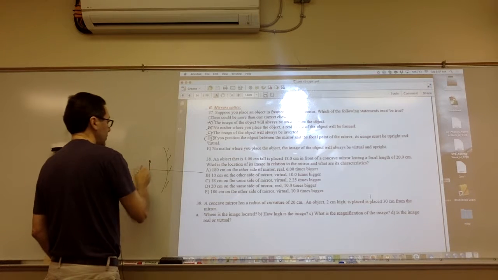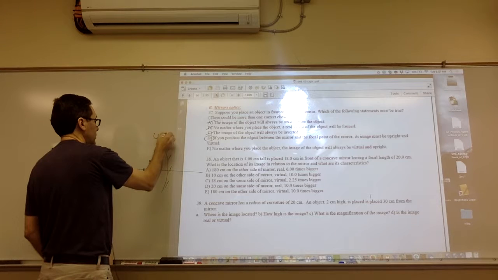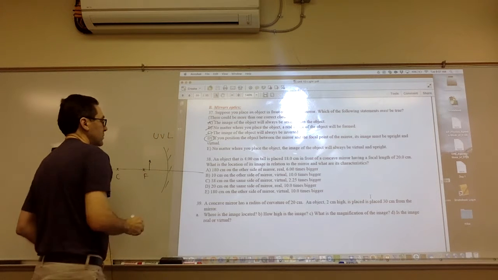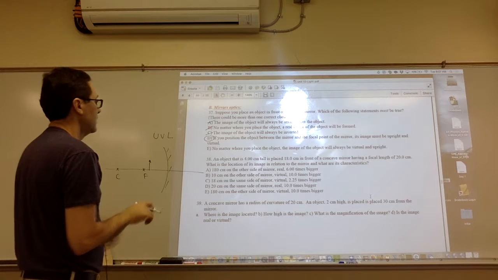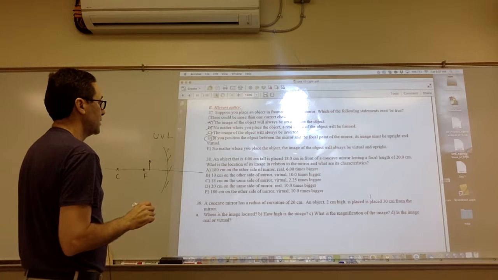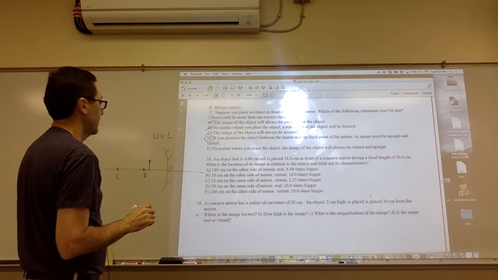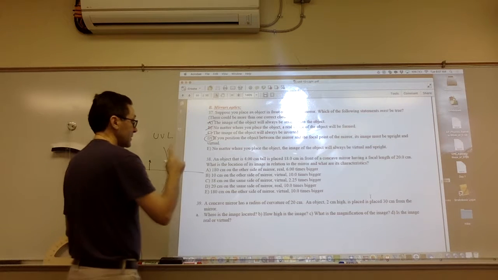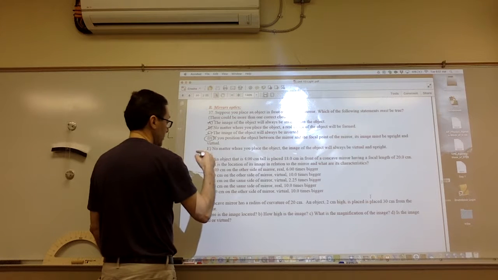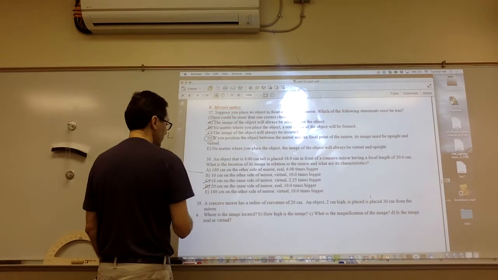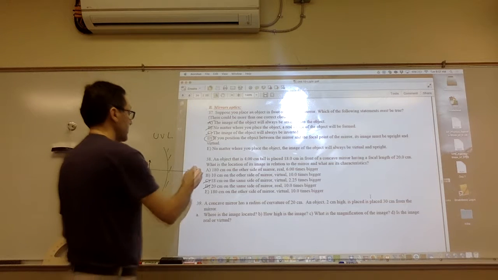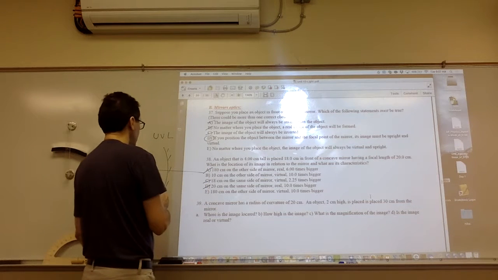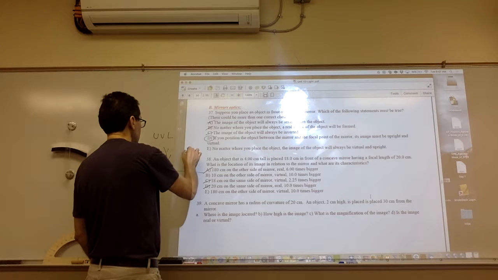So right now we know that we're going to end up with an upright, virtual, and larger image. What is the location of its image in relation to the mirror? It's definitely going to be on the other side of the mirror. So I think C and D are out. It's not going to be real. It's going to be a virtual image, back here somewhere.